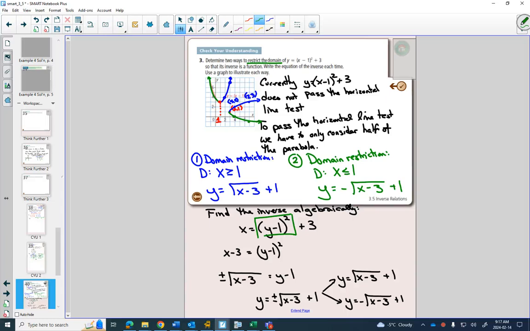Method number 4. If there's a domain restriction on the original, that will mean that there is a range restriction on our inverse. So the domain restriction that x has to be bigger than 1 means our range has to be bigger than 1.